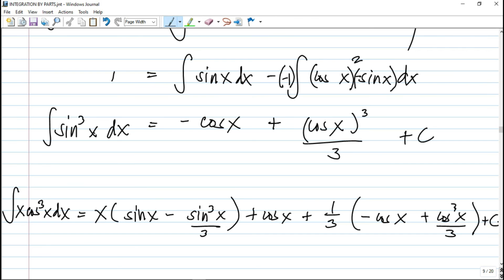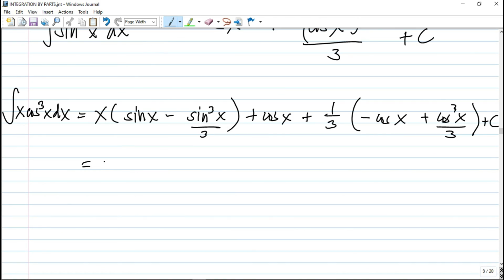Okay, simplify natin siya, guys. So this is equal to x sine x. Distribute natin yung x. So minus x sine cube x over 3, plus cosine x. Minus, that is 1/3 cosine x.